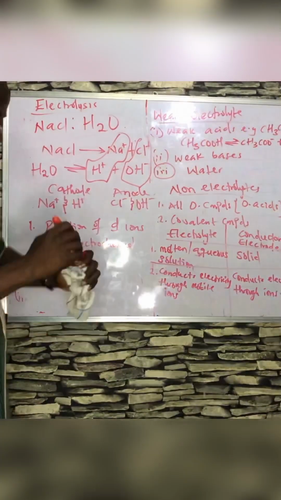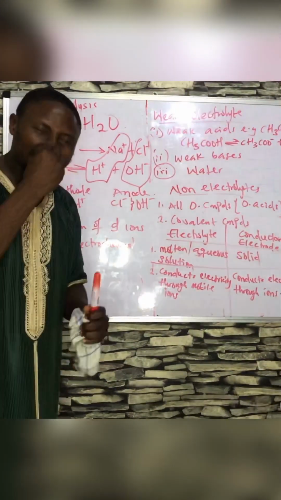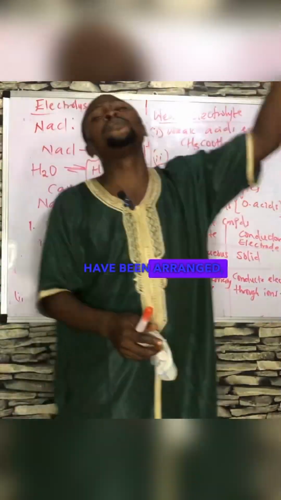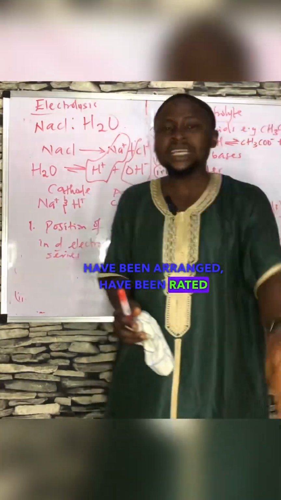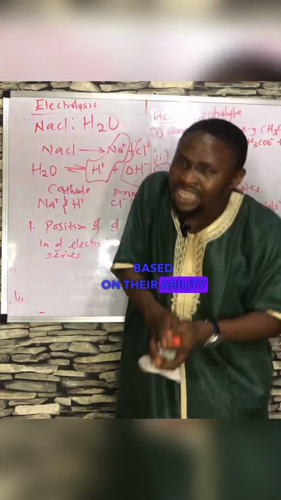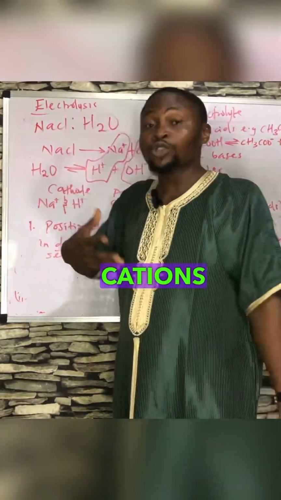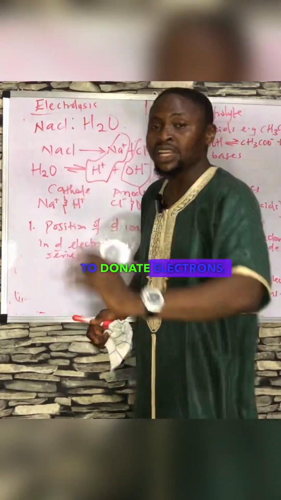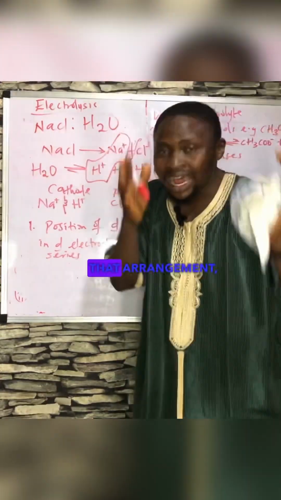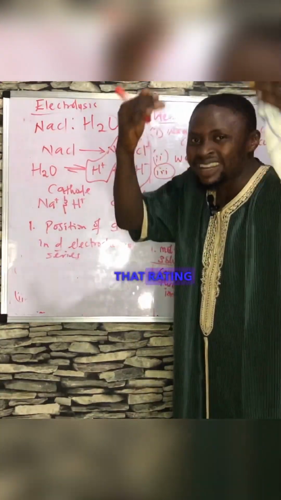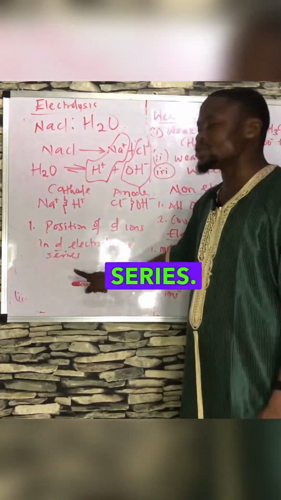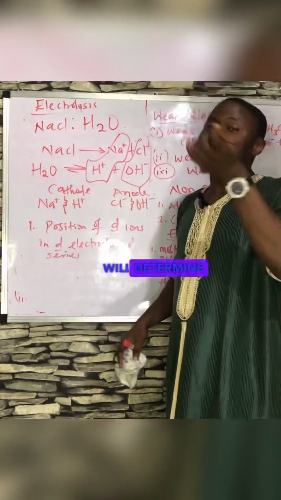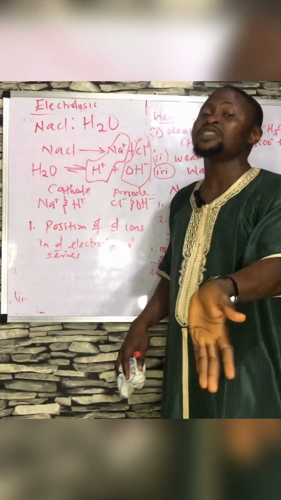Like I said earlier, the ions, whether cations or anions, have been arranged, have been rated based on their ability for cations to accept electrons, for anions to donate electrons. So that arrangement, or that rating, is called the electrochemical series. So the position of the ions in the electrochemical series will determine if it is going to be preferentially discharged or not.